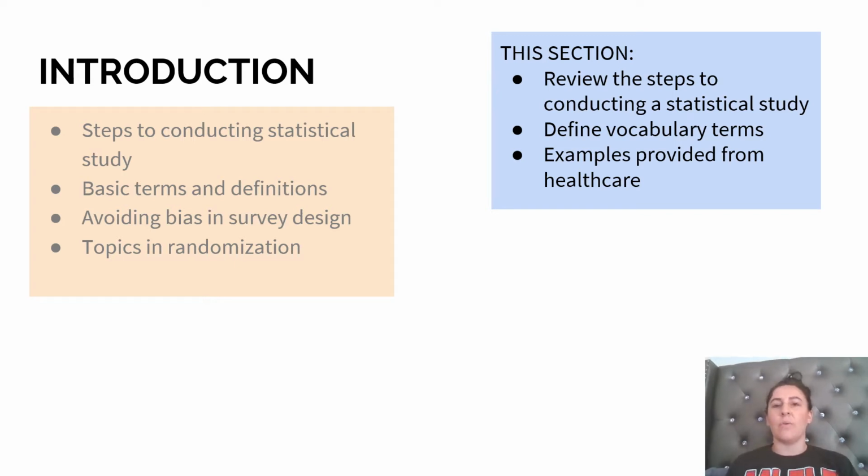Okay, so in the first part of this section, we're going to look at all the different steps in conducting a statistical study, or just call it a science experiment, whatever you want to call it. We're going to look at the different steps, because it's very important to follow them.